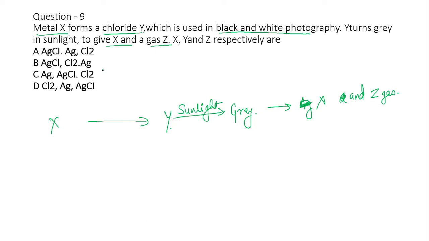See, when you look at this, there are three things given: Ag, AgCl, and Cl2. So these are the options. You have to find which one is X, which one is Y, which one is Z. When you see this, you will find that this is a gas and the reference of gas is given in Z. So we don't have to put a lot of mind in it.